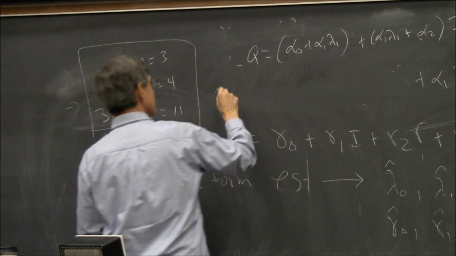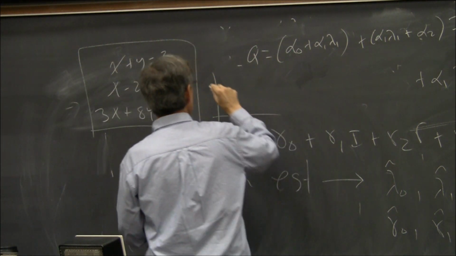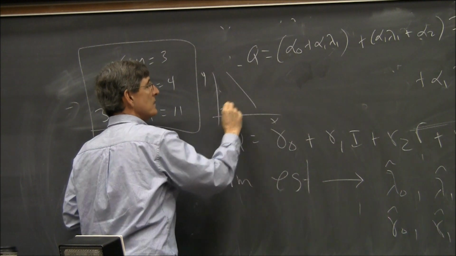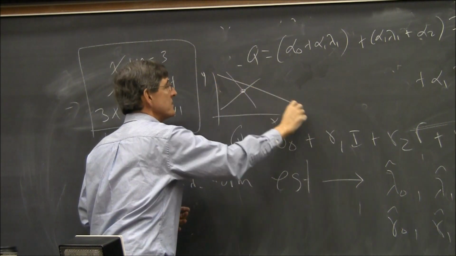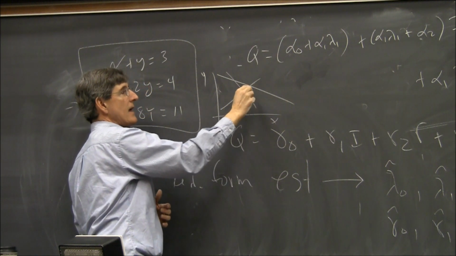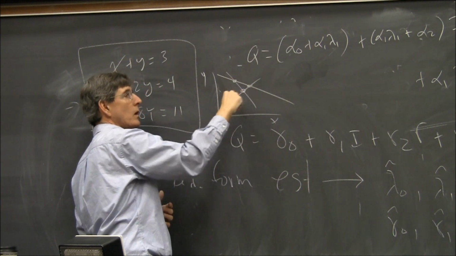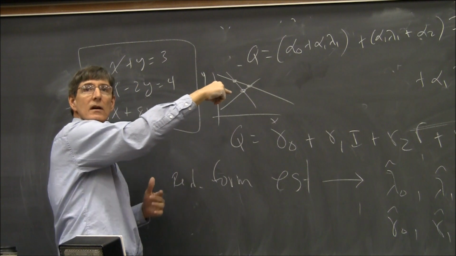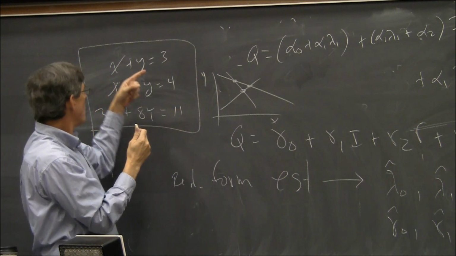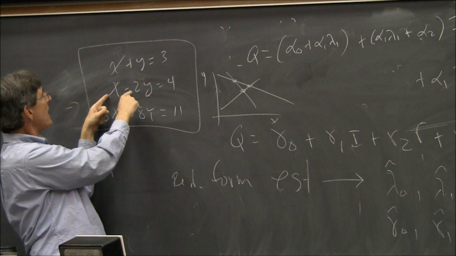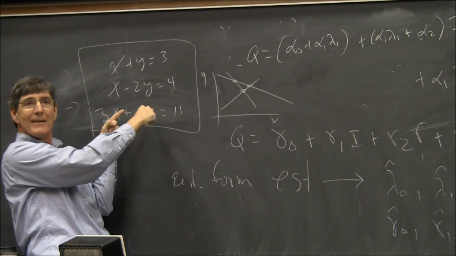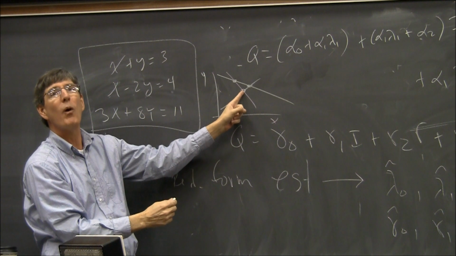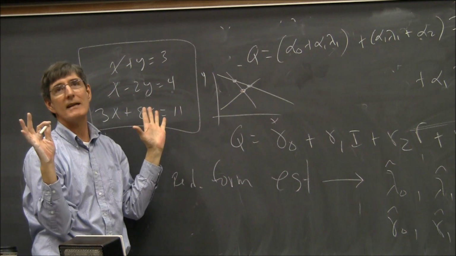If you were to plot it in xy space, here's y, here's x, with 2 equations and 2 unknowns, you get an answer. With 3 equations, I get something like this. Do I choose that intersection, that intersection? Which answer do I choose? Unless one is an exact linear combination of the other one, like 2x minus 4y equals 8, then they'll all hit the same point.